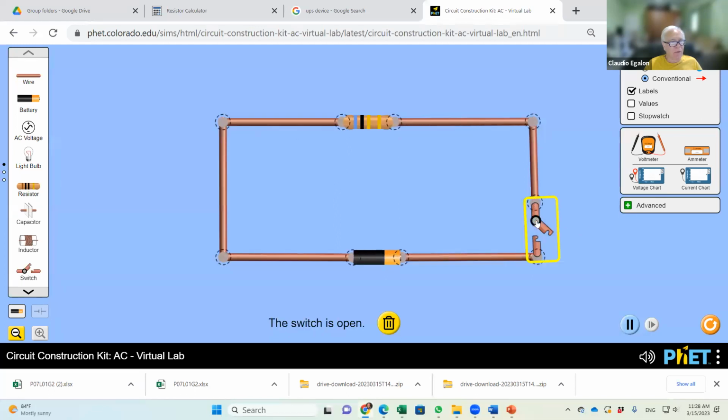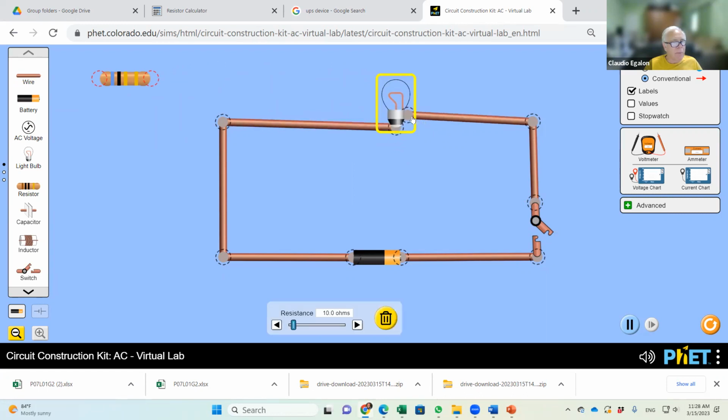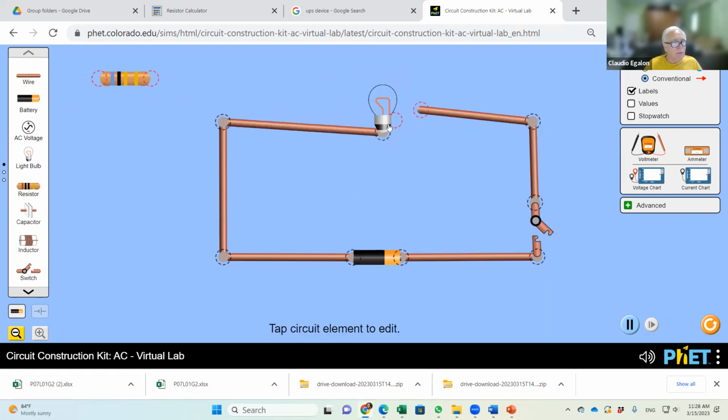I'm gonna open the circuit now, okay? Let's take this resistor from here and put a light bulb. Here you go, light bulb. See at the tip below, right? Let me cut this one here. Let's see if I can make it look nicer.